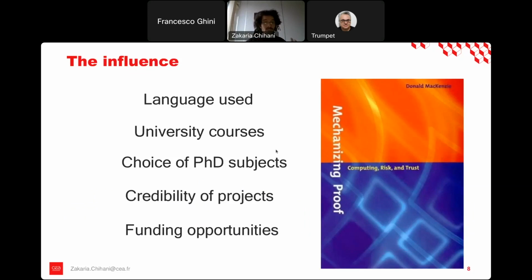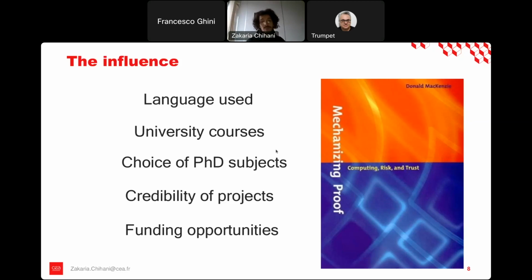The term formal methods or program verification became attached to a stigma, not completely toxic, but still, when you submit a project where you talk about formal verification, it could have been seen as not a serious project. It influenced a lot of the evolution of the field: the university courses that were given, the choices that PhD students took when choosing their subjects, etc.